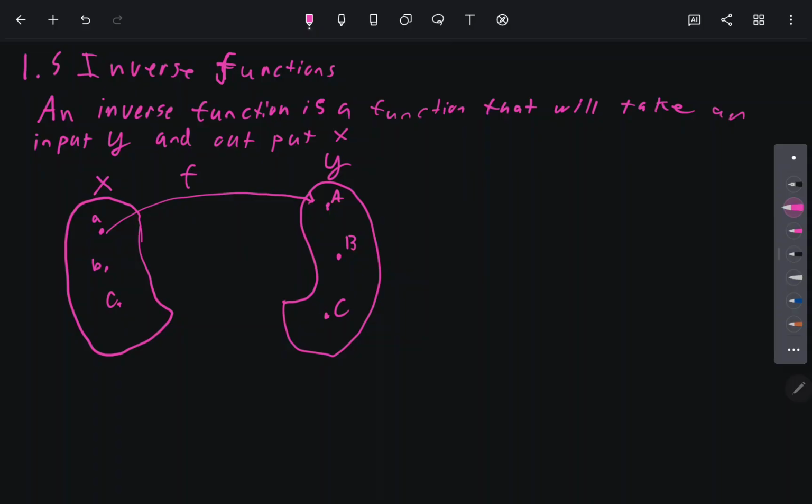But what f inverse does is it's going to take one input y and it will correspond to one input x. In fact, since it's the inverse of an original function, it's going to be the same input x of f that gets output by f inverse of x. And we'll talk a bit more about that here in a moment.